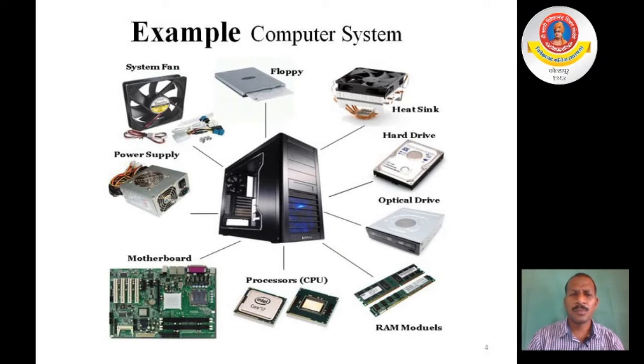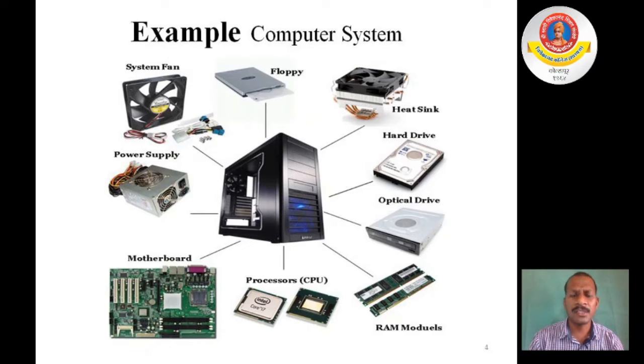Suppose we consider a computer system. In the computer system, we will find many components, like floppy drive, system fan, power supply, motherboard, processors, RAM modules, optical drives, etc. Together with all the components, one CPU is formed. All these types of components make a computer system.